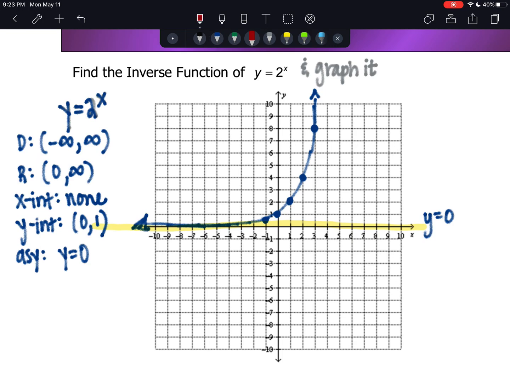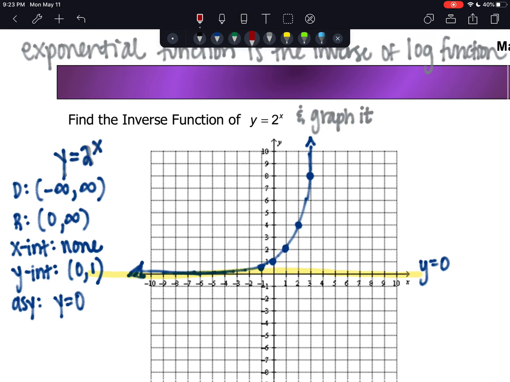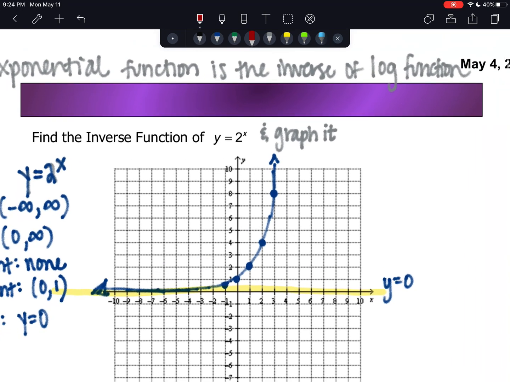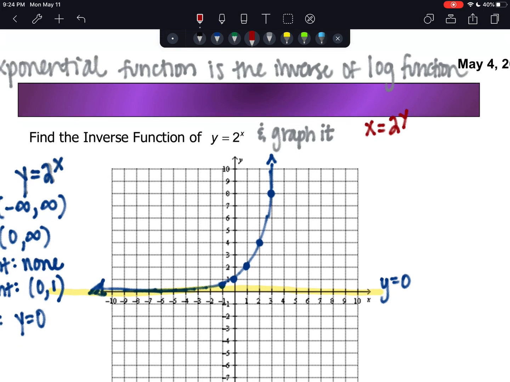Now we're going to graph the inverse. And the inverse, we flip the x and the y. So we have x equals 2 to the y, and we solve for y. In order to solve for y, we're going to have to write this in logarithmic form.